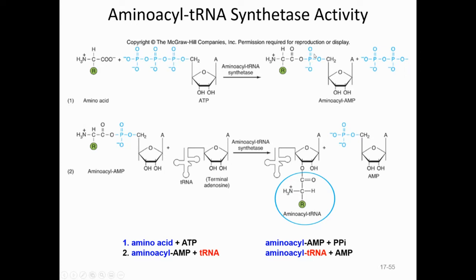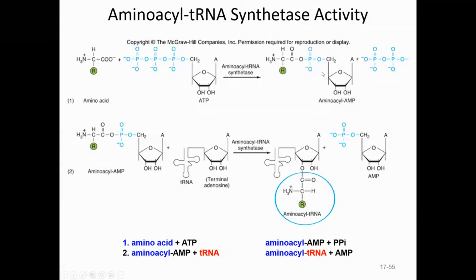So that gives you aminoacyl AMP. Okay, that's the first step, the activation of the amino acid.